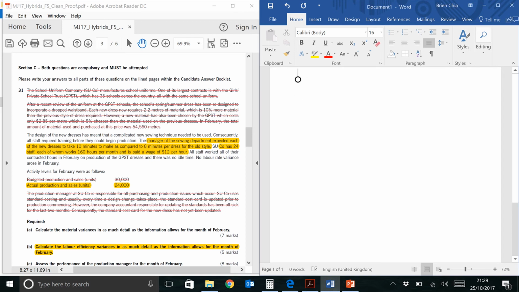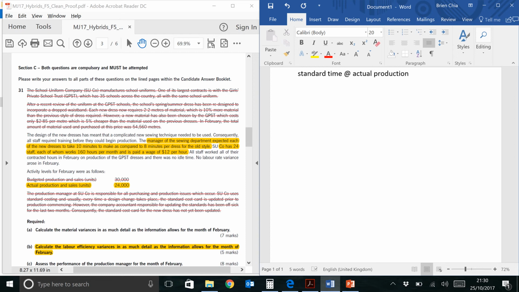Okay, so let's talk about the labor efficiency variance. You will have to calculate a planning and an operational variance, and you're not given a lot of information. So first of all, you will need to calculate your standard quantity, your standard time at actual production.